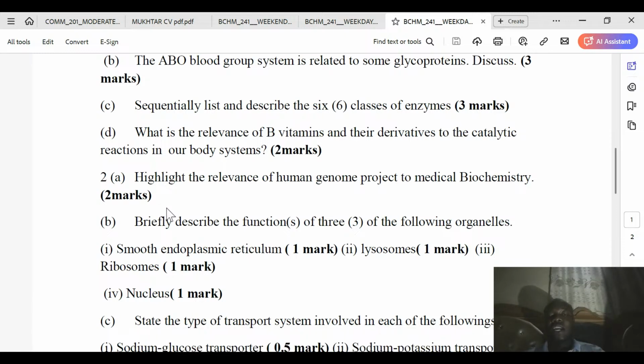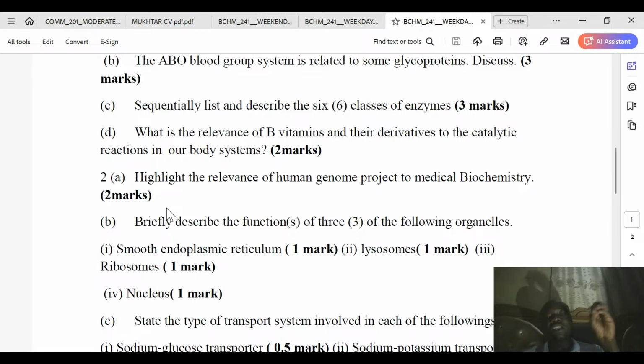So for the B vitamins, we have niacin, flavin, and riboflavin. They are the group B vitamins that are strongly associated with the functions, the catalytic activity, of enzymes.